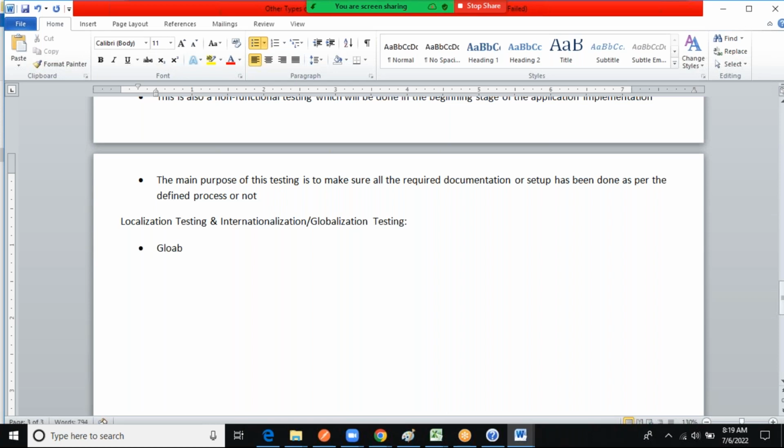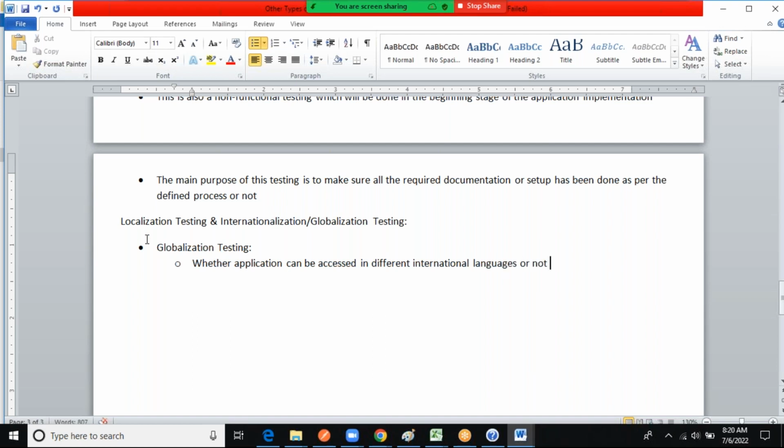Whether globalization is whether the application can be accessed in different global languages or international languages or not.